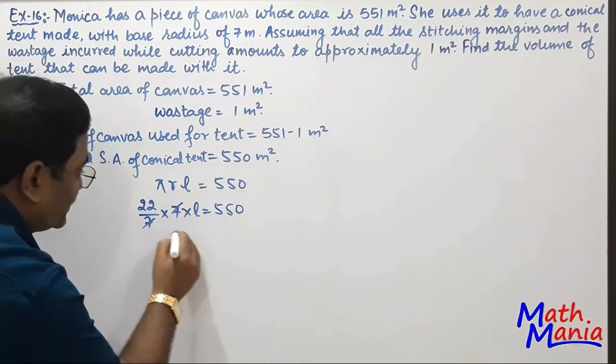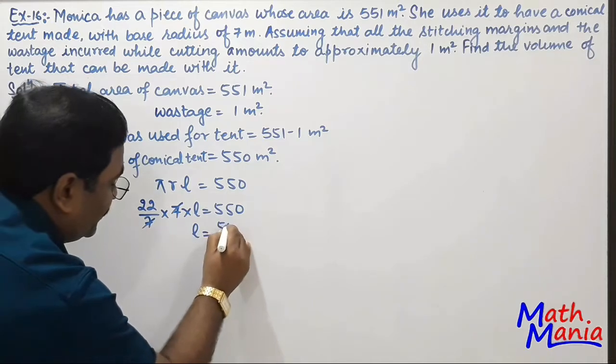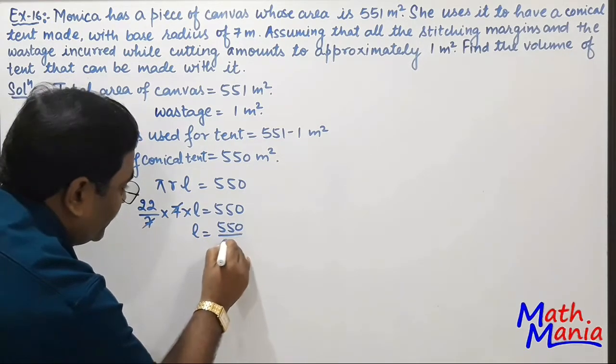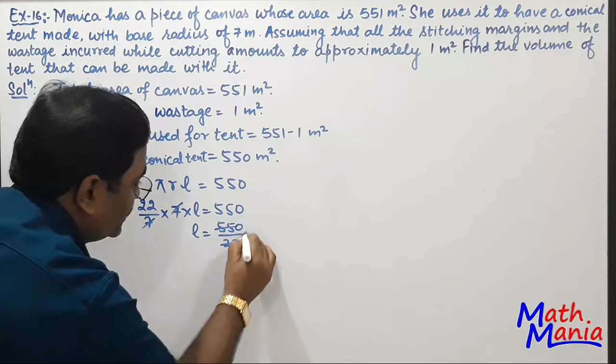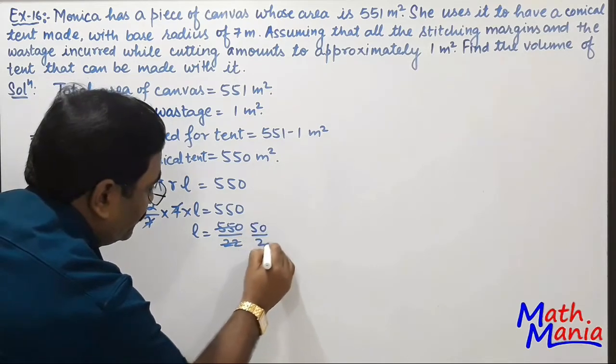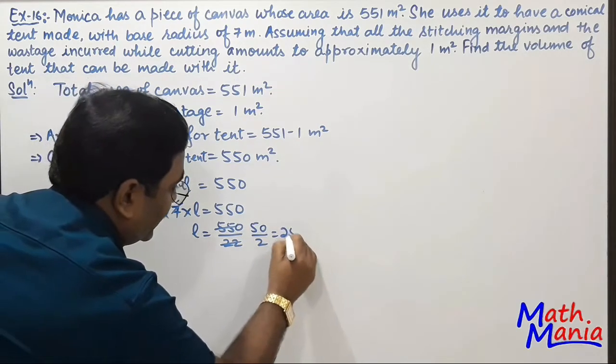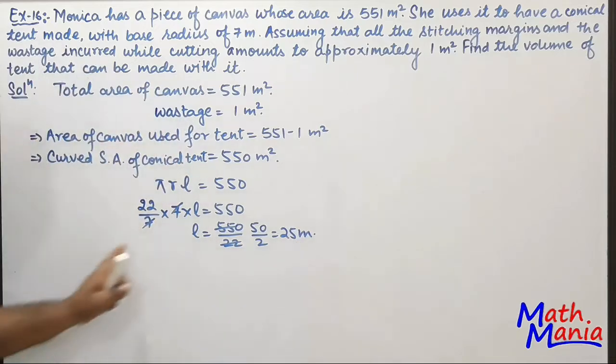So 7 is cancelled, L is equal to 550 divided by 22, which is 25 meter, the slant height of this conical tent.